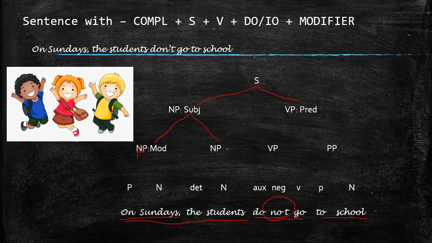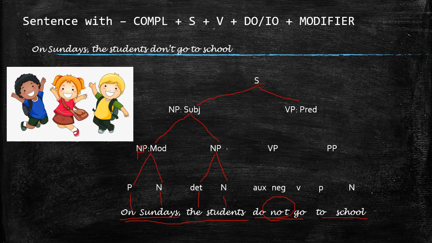This is PP as modifier and NP. In PP as modifier we have P, preposition, and noun "Sundays". The preposition is "on", the noun is "Sundays". In NP we have "the" as determiner, so we make two branches, determiner, and "students" is the noun. So we make a line, determiner and noun to "the students".